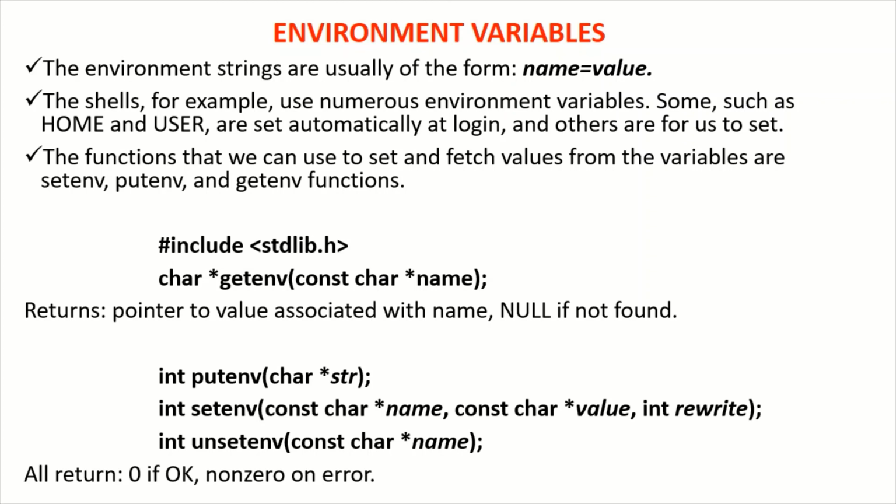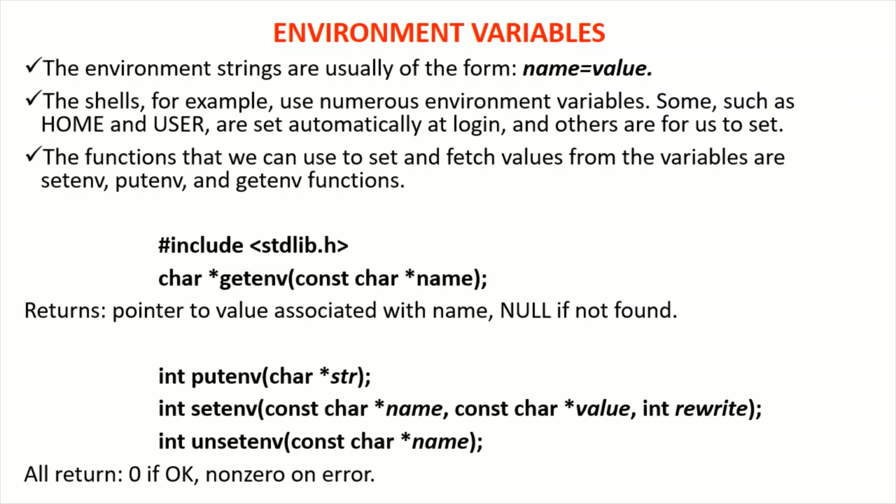The putenv function takes a string of the form name equals value and places it in the environment list. If name already exists, its old definition is first removed. The setenv function sets name to value. If name already exists in the environment, then if rewrite is non-zero, the existing definition for name is first removed.